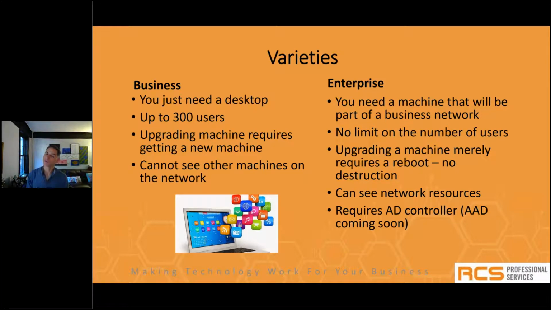But the weird thing about business is if I want to upgrade the machine, I actually am destroying the machine and creating another one. In fact, when you do the licenses, you have your license for your business machine at a certain powerful level. And then when you want a better machine, you actually get another license and you apply that license to that person. What happens is this old machine gets destroyed and a new machine is spun up for him.